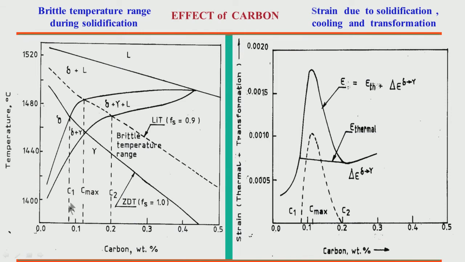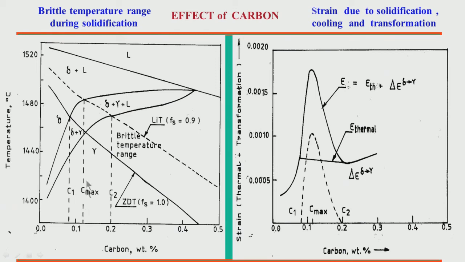So, if the carbon content is less than C1, as I was talking about say 0.05, then delta to gamma transformation is not taking place during solidification. But above C1, delta to gamma has started forming towards the end of solidification.